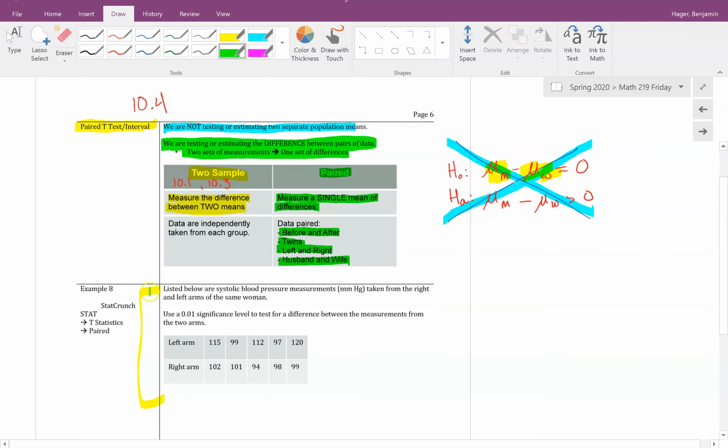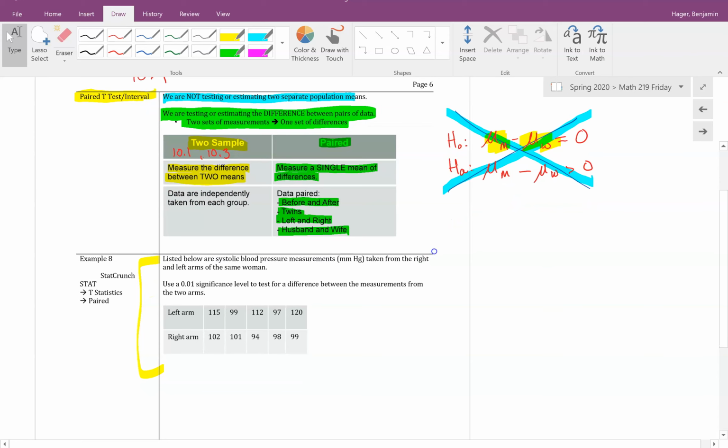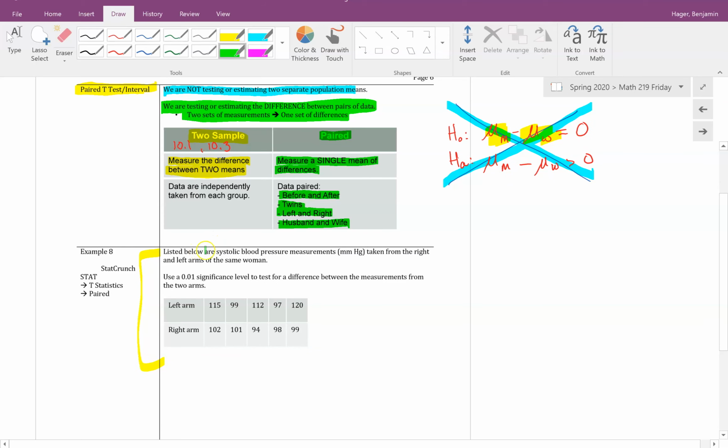So let's take a look at this problem and see why it makes sense that we would use a paired test here. So listed below are systolic blood pressure measurements taken from the right and left arms of the same woman. Use a 1% significance level to test for a difference between the measurements of the two arms. Okay, so what we have here are these numbers represent different women.